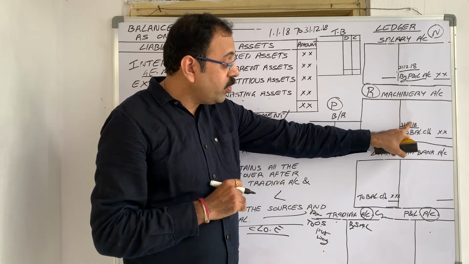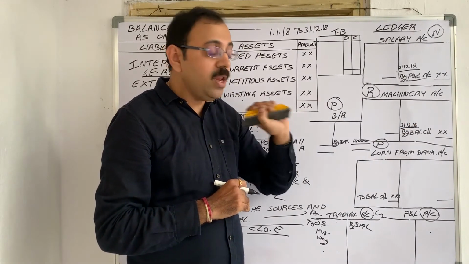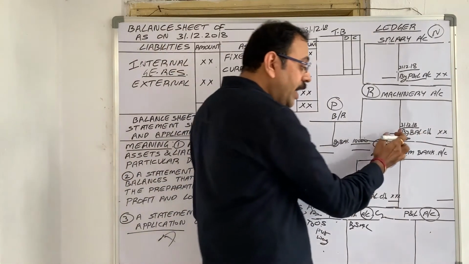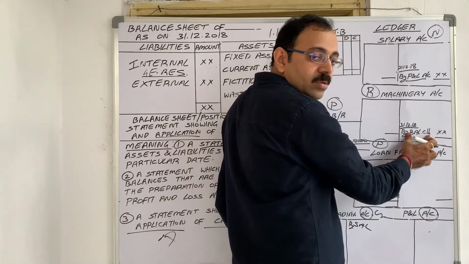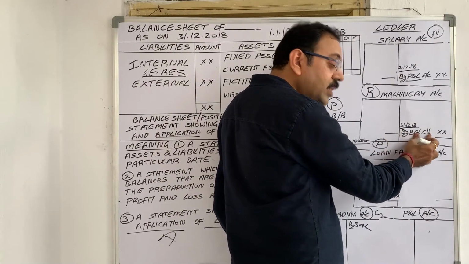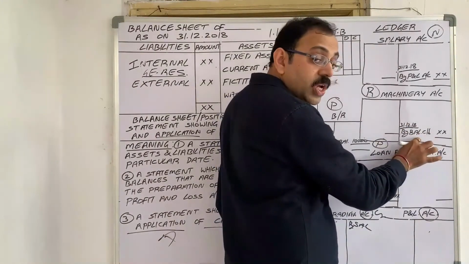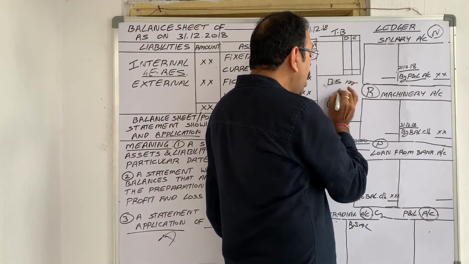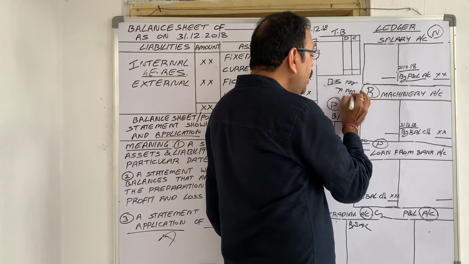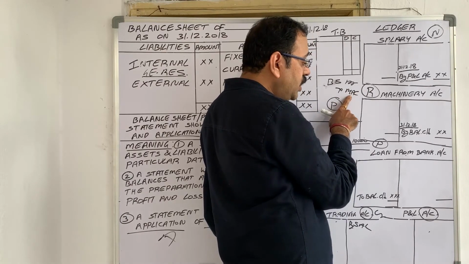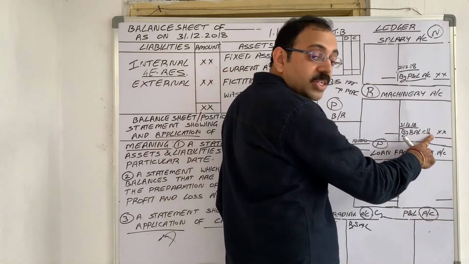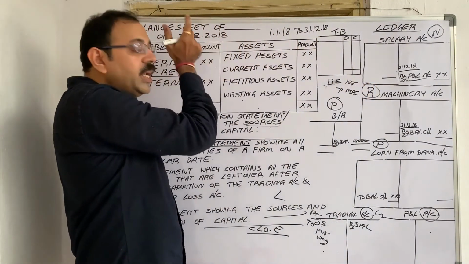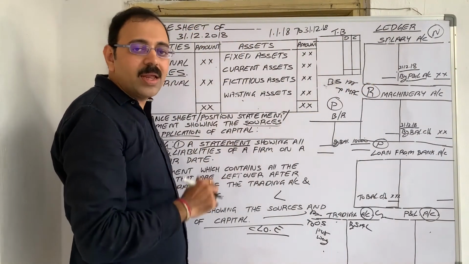So what do we have to write on 31st December 18? By balance carried down. You should not write by balance sheet. If you write by balance sheet, then the meaning is you are writing one entry, that is, balance sheet account debit to machinery account. Since machinery is on the credit side, by balance sheet we are writing. Then this entry will be posted in the balance sheet account. But it is not correct.